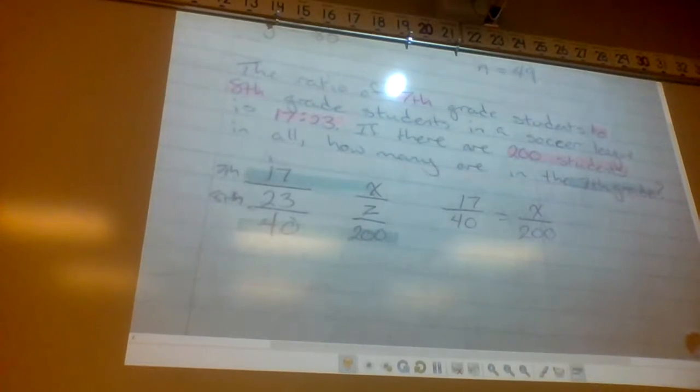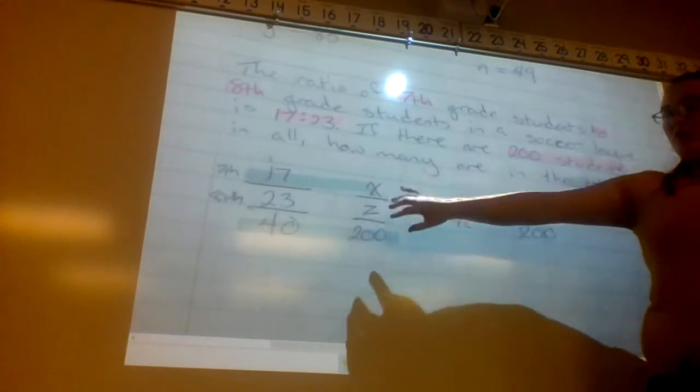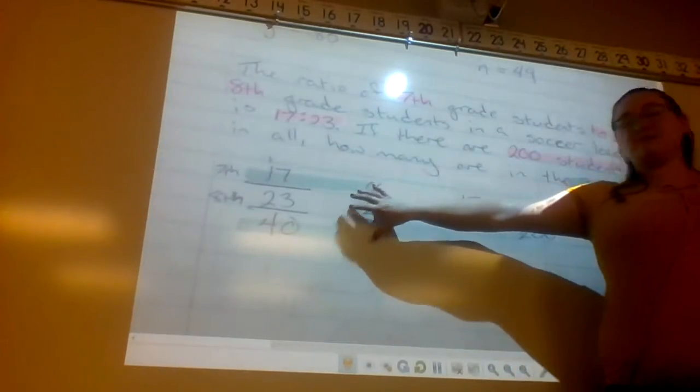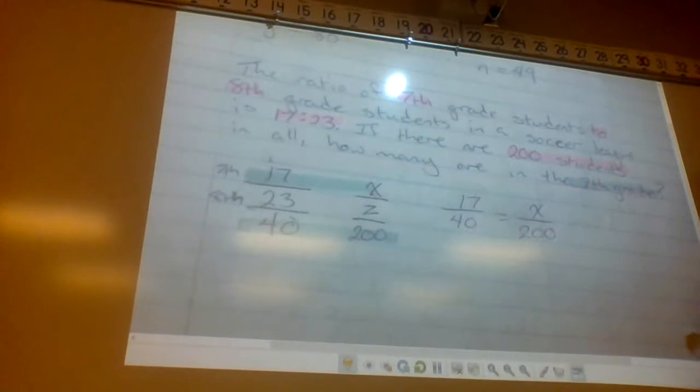So is the word problem as hard as you guys thought it would be? Why? What confused you about studying that? The first part, that's because of the total. So what you have to pay attention to, was it the word problem or this part that confused us? This part? So here's your keyword in the word problem.